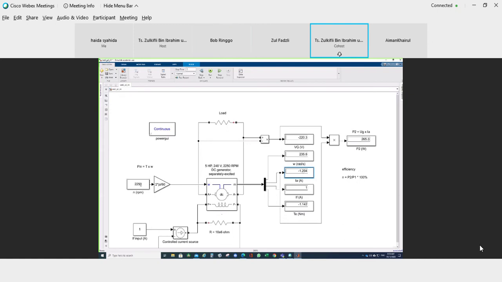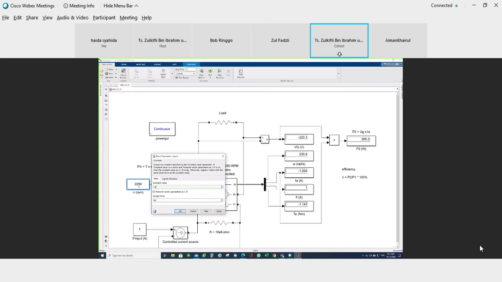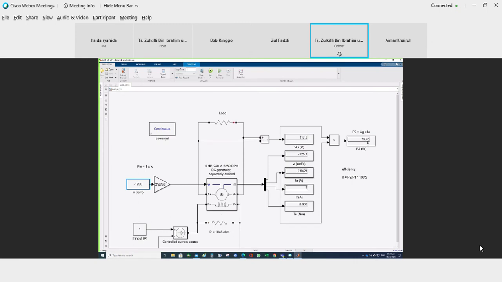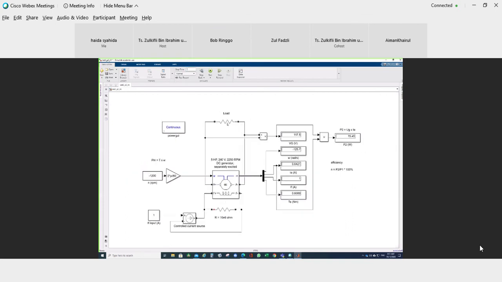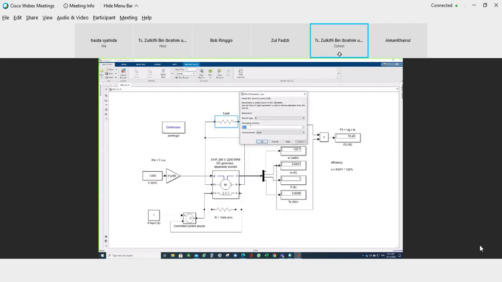So, kalau kamu letak minus the lowest 1200, so tengok dia power sikit. Ini load paling rendah, load paling tinggi apa? So you play around lah dengan ni.